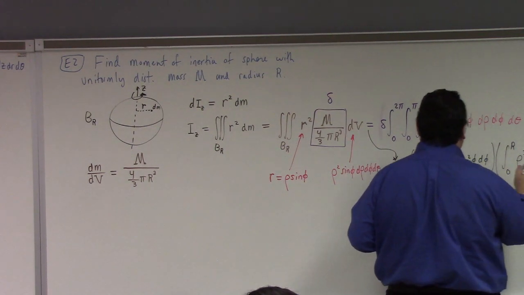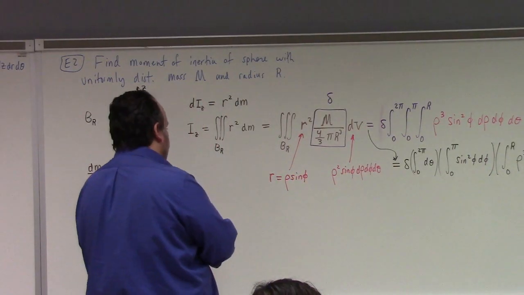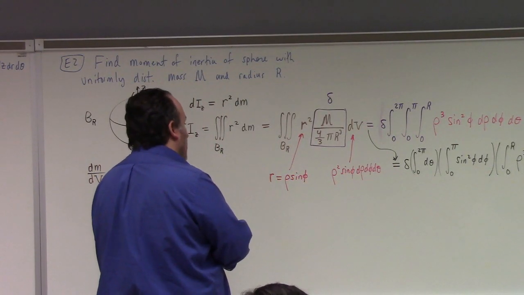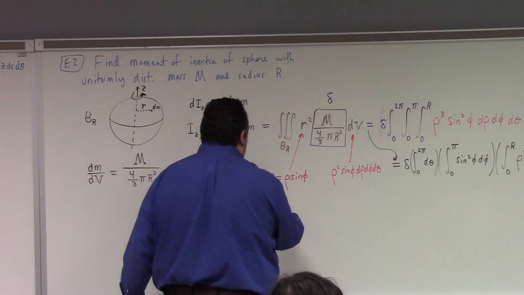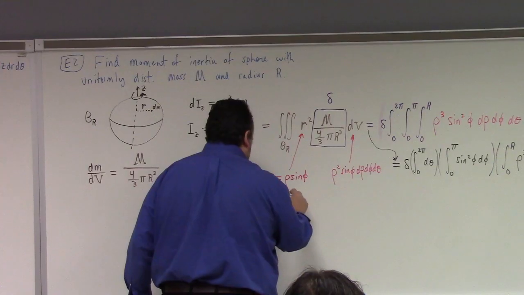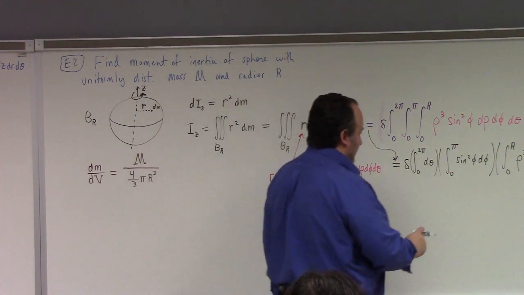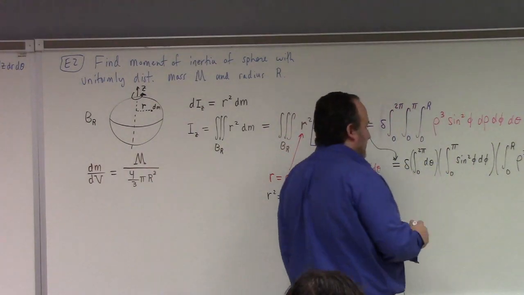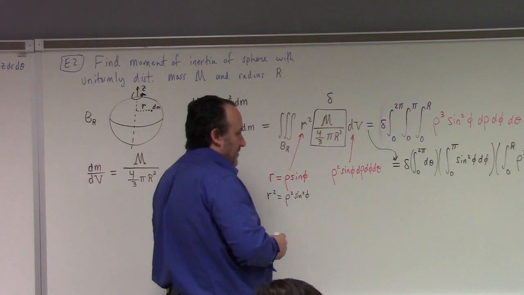Did I make a mistake? Isn't r just rho sine phi, but it's r squared. Oh, yes, thank you. So my r squared was rho squared sine squared. Well, now I'm going to actually have to think about this integral. Rats. Integral of sine squared from 0 to pi is just, like, pi.